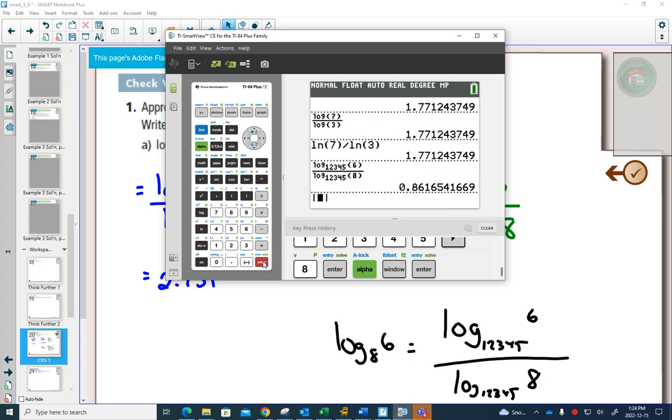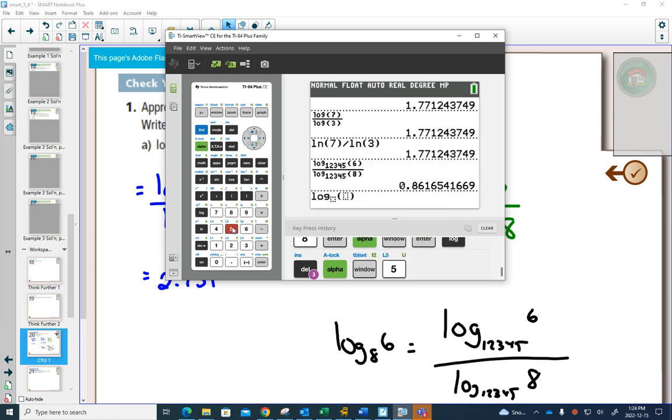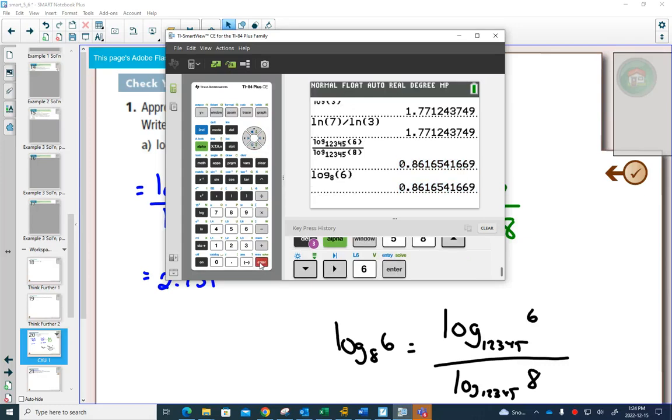Well, we didn't even try the other one before. If you had it, someone would say, well, why did you do that? Why didn't you just do log base 8 of 6 to begin with? It gives you the same answer, but if you wanted to make your life difficult, you could change it to any base that you wanted to.